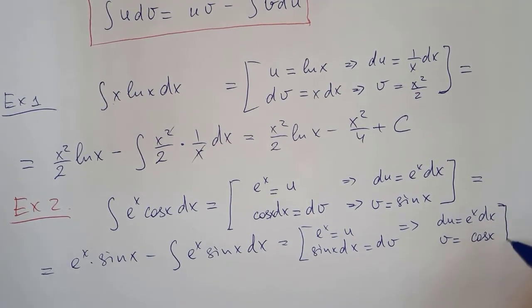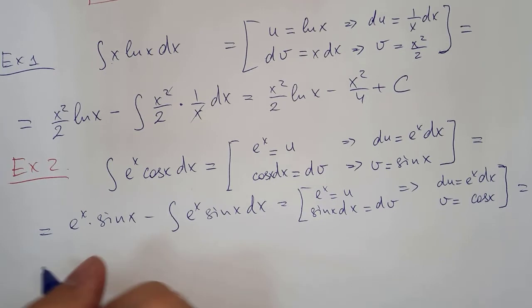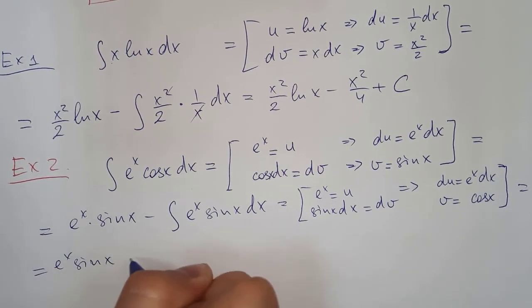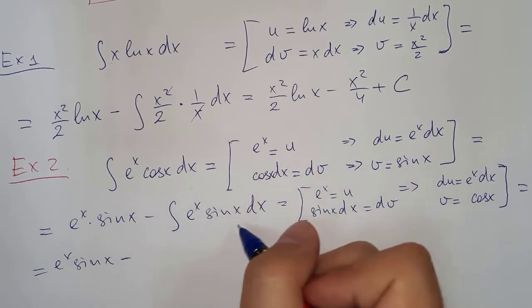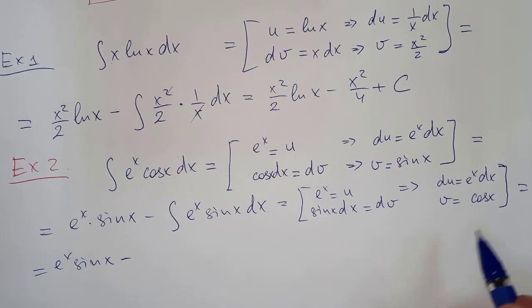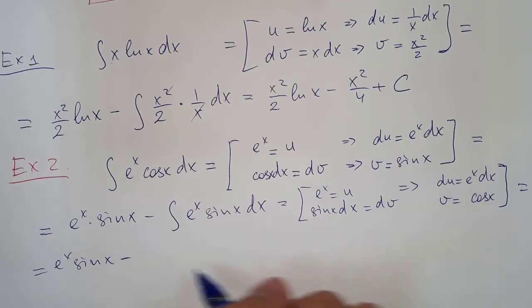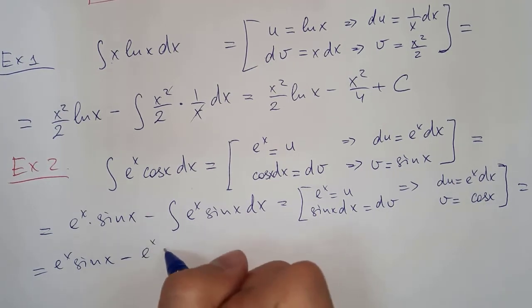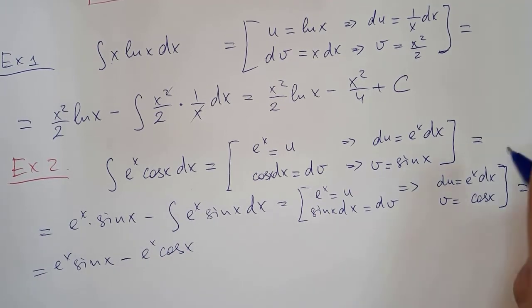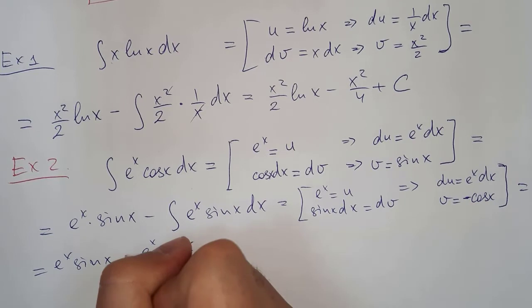Okay, so then we have e to the power of x sine x minus, so let's open this integral by integration by parts. Here we have e to the power of x times cosine x, and then minus cosine x, of course. So this is plus now.